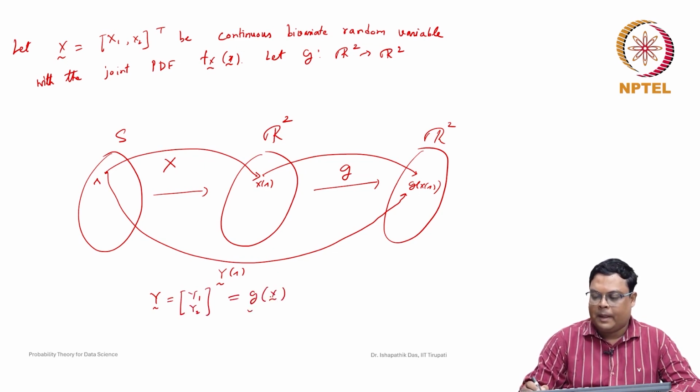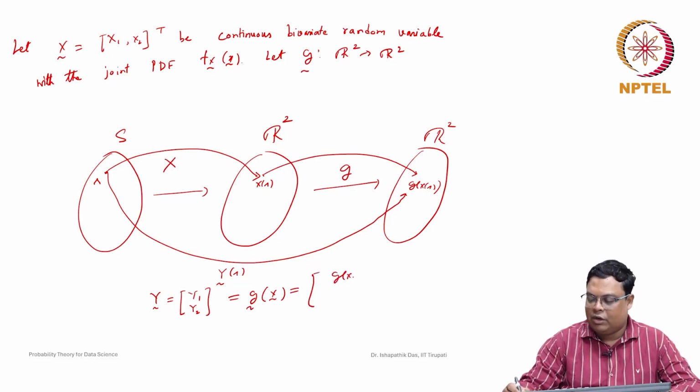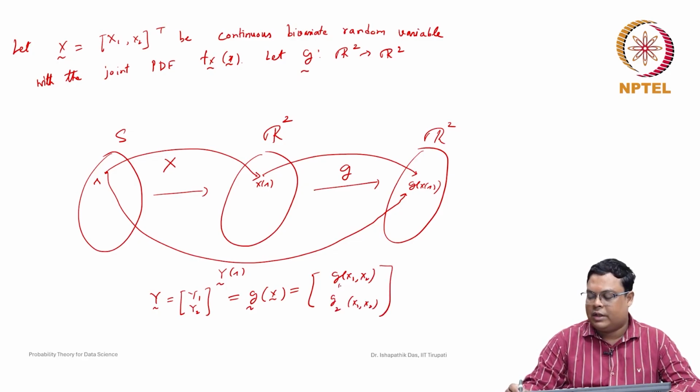So g is also a multivariate function, and we can write g tilde. g tilde of x is g of x1, x2, with components g1 of x1, x2 and g2 of x1, x2. It is a two-component vector. g1 is a function from R2 to R, g2 is another function from R2 to R, such that g goes from R2 to R2.